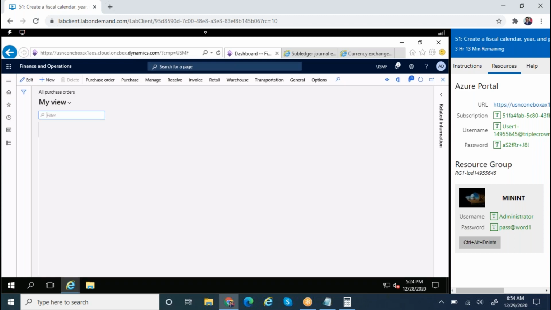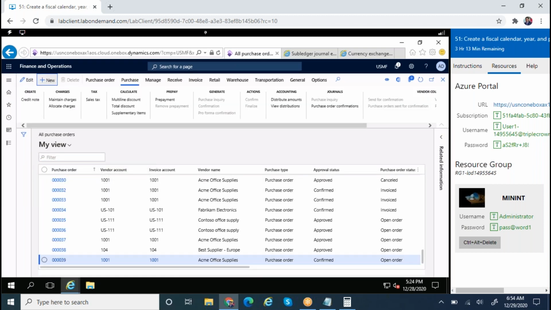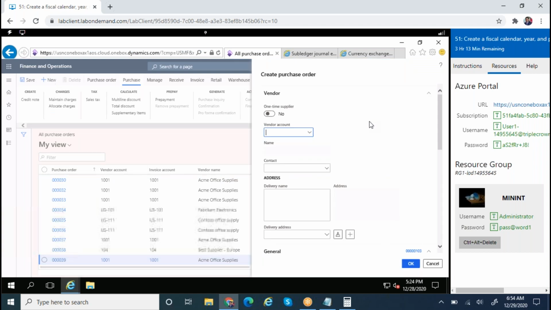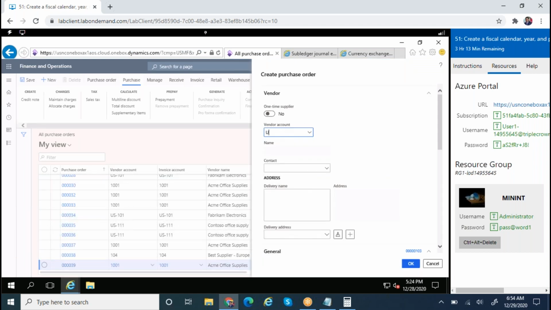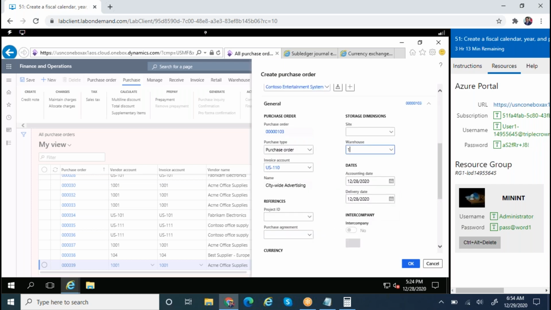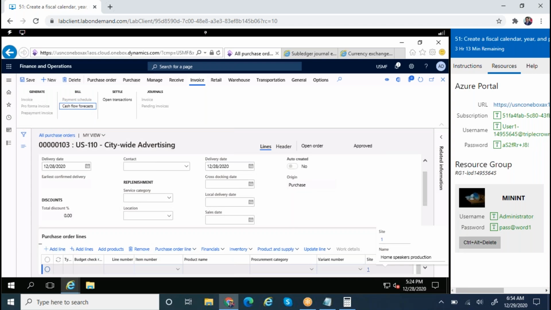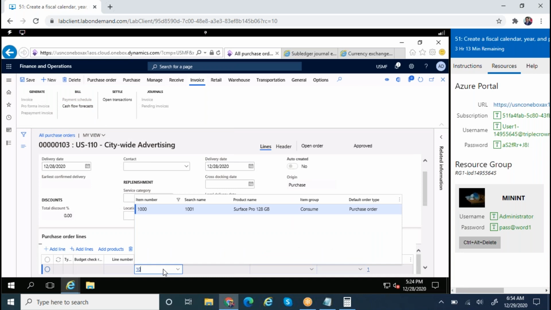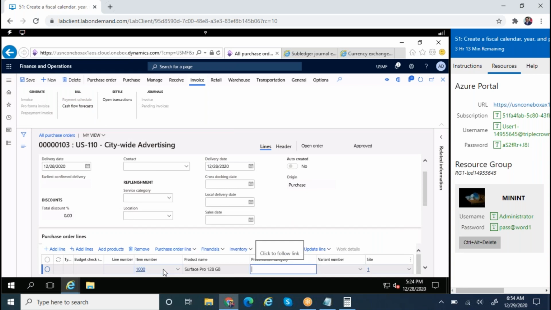I'm creating a purchase order for 110. Okay, I'm selecting the item, $899 amount.